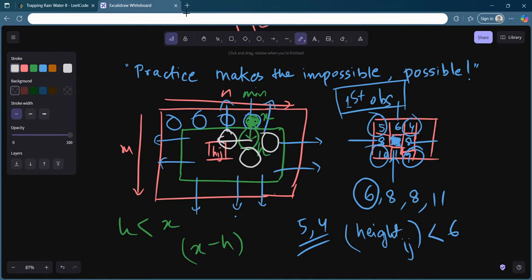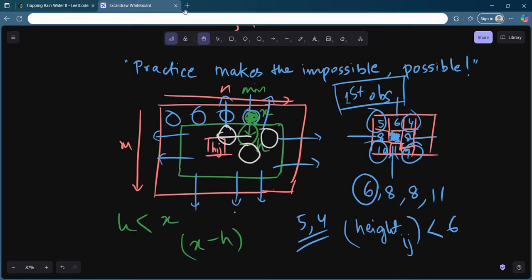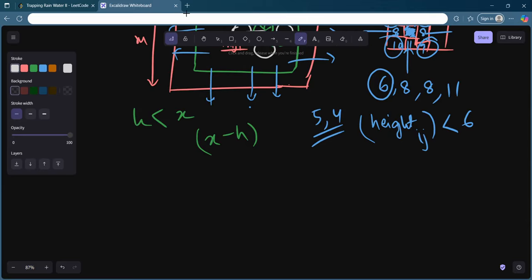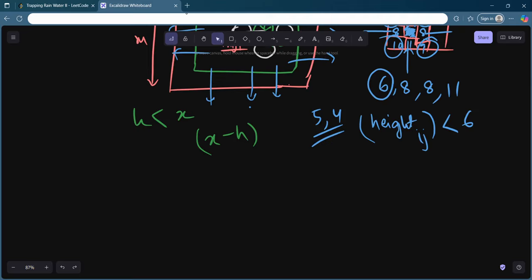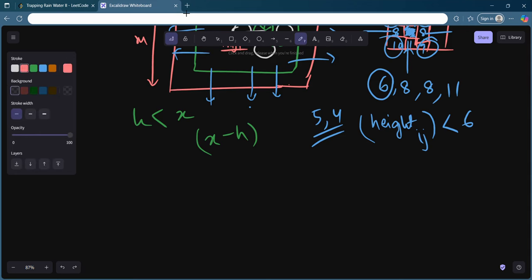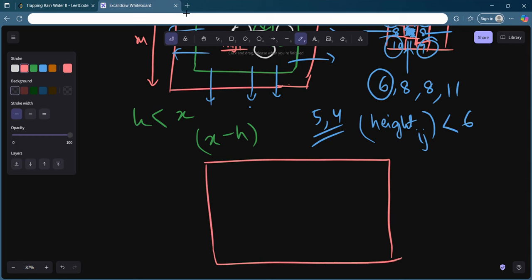And now you see what I will do after this. Let's say I have filled one cell. This is the cell which I just now filled with water.